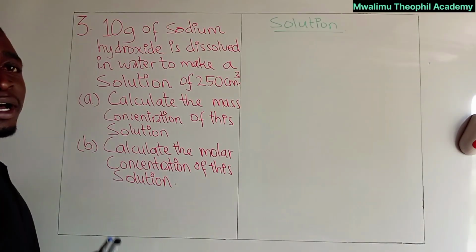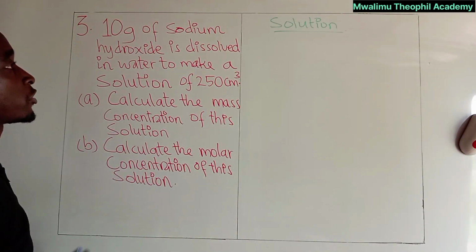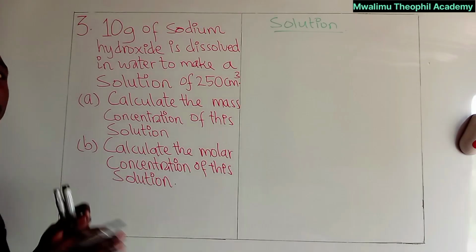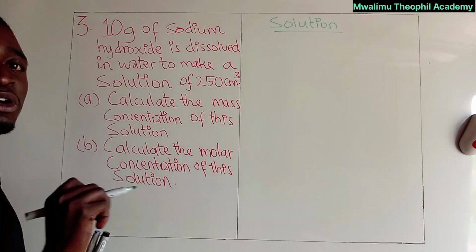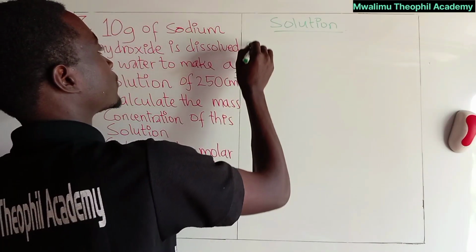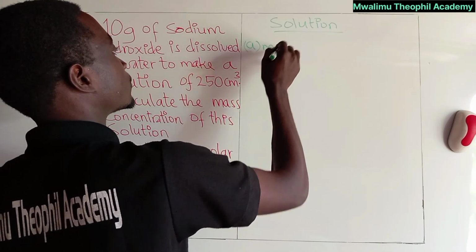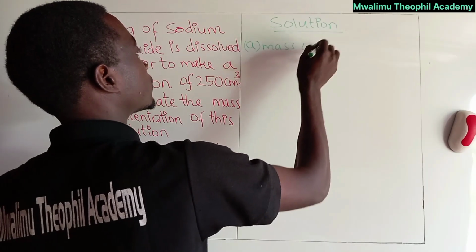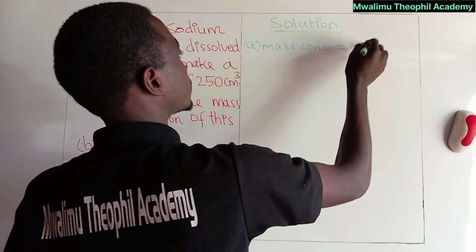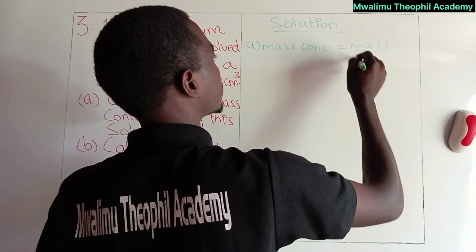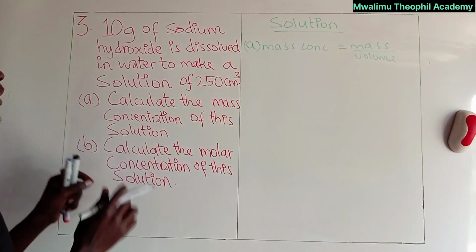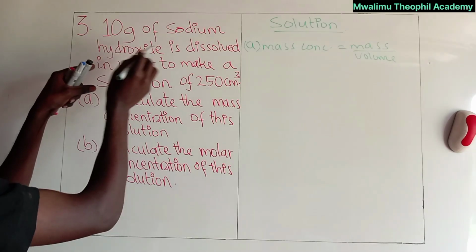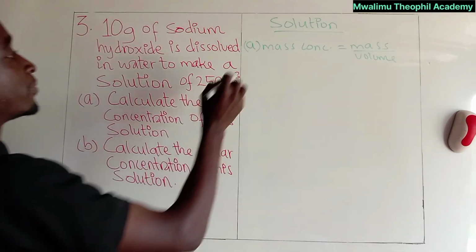In part A, we are asked to calculate the mass concentration. You have to know that mass concentration is equal to the mass of a given substance over volume. In this problem, we are given the mass of sodium hydroxide as 10 grams.